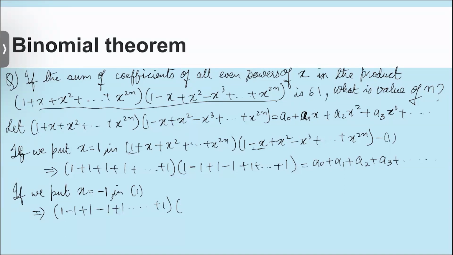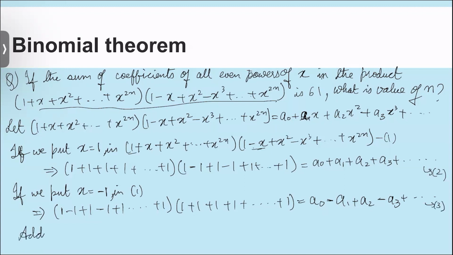So you will have 1 plus 1 plus 1 plus 1 all the way to plus 1. So this again can be written as a0 minus a1 plus a2 minus a3 plus and so on. Okay, so this is what we get over here. So suppose this is your equation 2 and this is your equation 3.